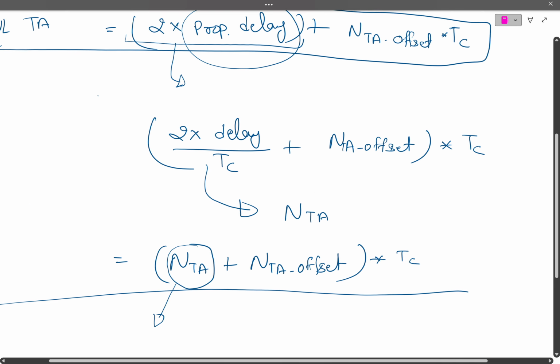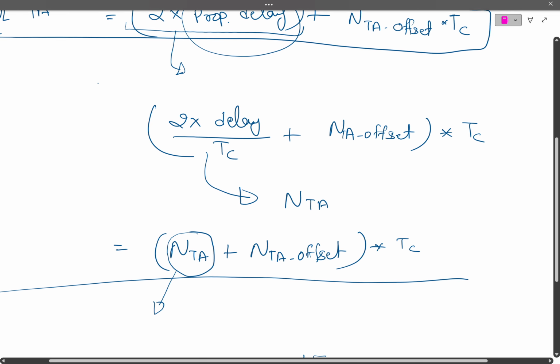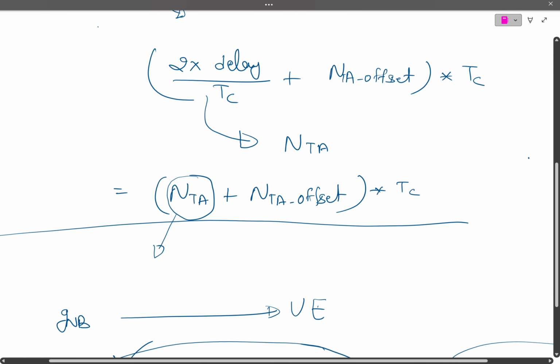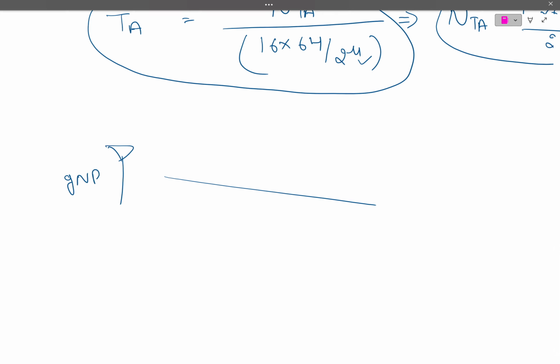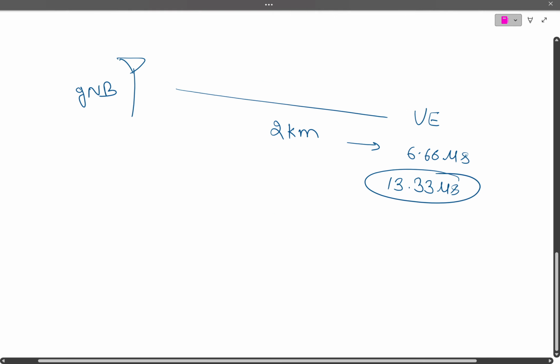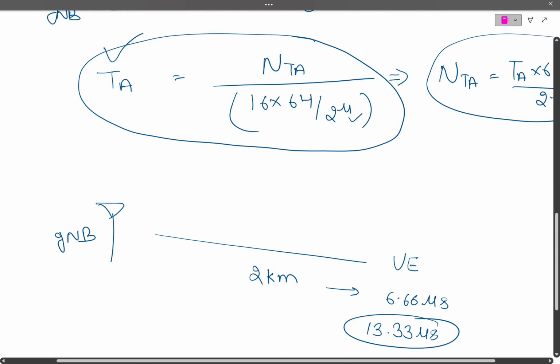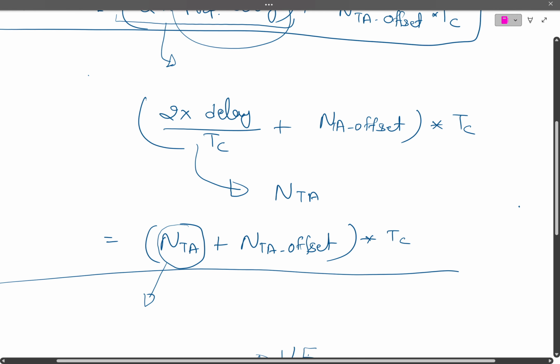Okay, so now from our previous example, let's calculate this number. When the UE was 2 km, we had this example gNodeB UE, the distance is 2 km, the single side propagation delay is 6.66 microseconds, both sides it is roughly 13.33 microseconds.